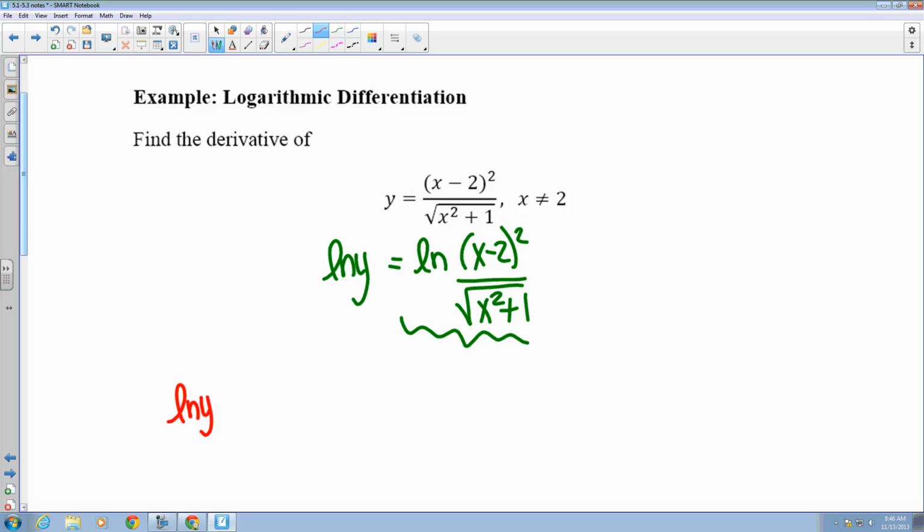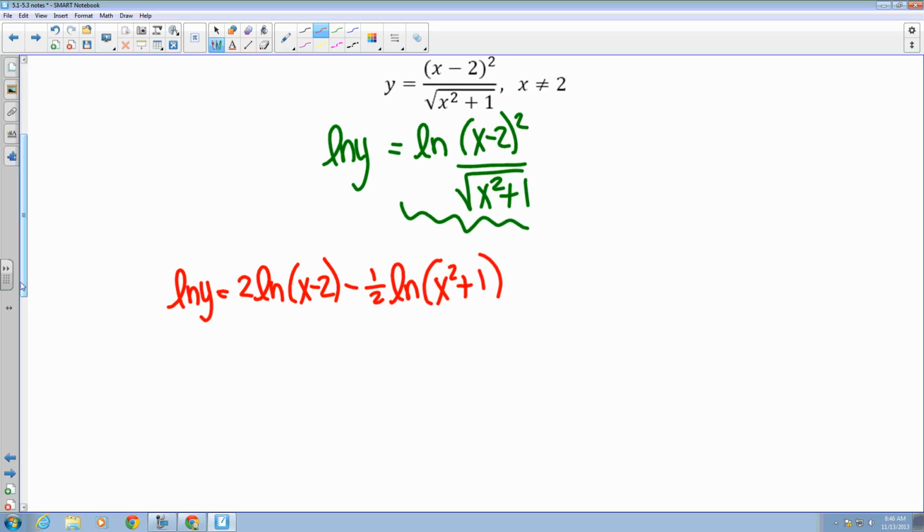So natural log of y equals 2 natural log of x minus 2 minus 1/2 natural log of x squared plus 1. Now let's take the derivative of both sides. Taking the derivative of natural log of y gives us 1 over y times dy dx.